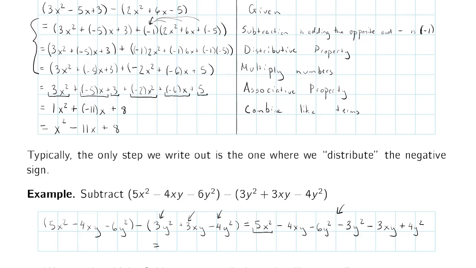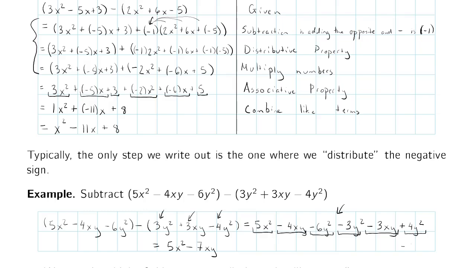So we've got a 5x squared. Oh, and that's it. That's our only x squared term. We have a -4xy and a -3xy. Those combine to be a -7xy. And then we have a -6y squared, a -3y squared, and a +4y squared.